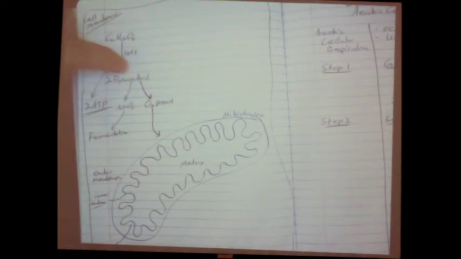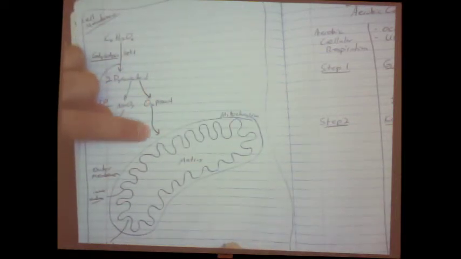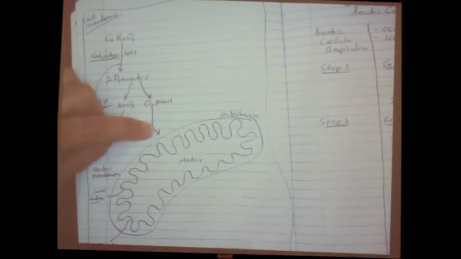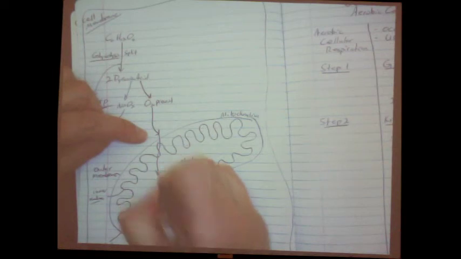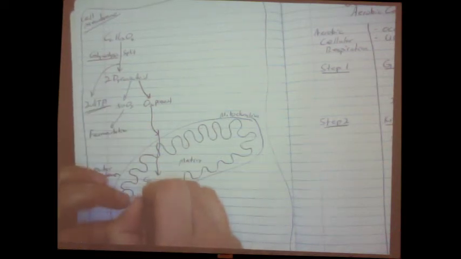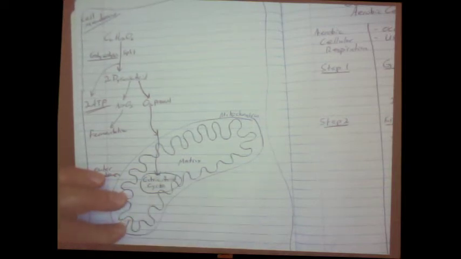So now we have this pyruvic acid, if there is oxygen present, going into our mitochondria. When it goes into the mitochondria, we'll draw that picture going right over here. This is where the citric acid cycle happens.